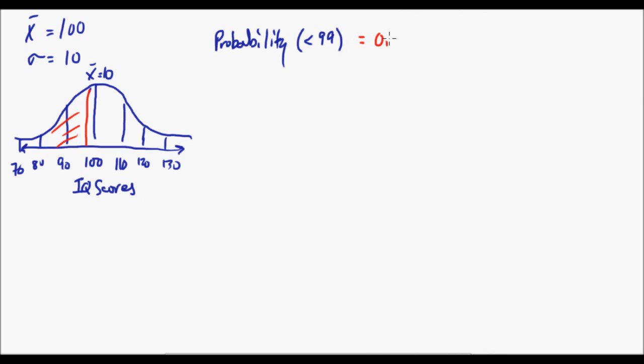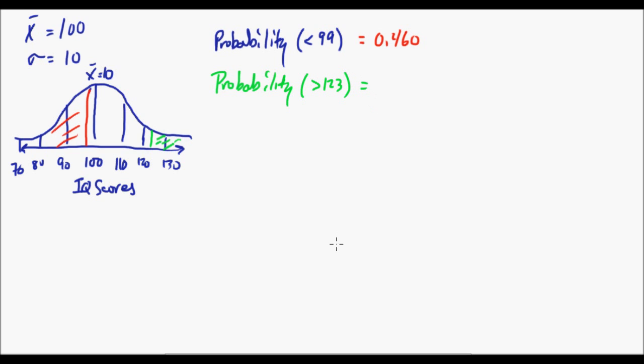So 0.460. Okay, what about greater than 123? So let's say greater than 123. Okay, so 123 would be right here. We're finding greater than. Okay, and so the probability greater than 123.